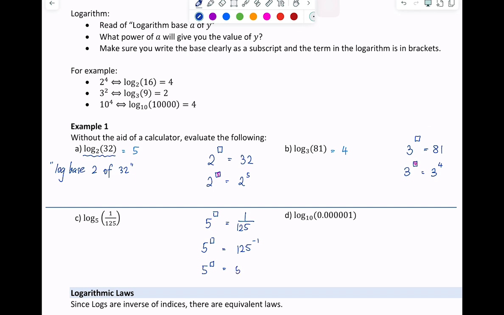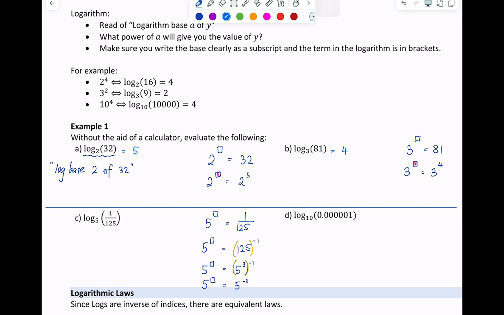This 125 here can be re-expressed as 5 to the power of 3, and it's encapsulated in a bracket because this 125 is technically in a bracket. Now that we have two indices with brackets in between them, the index law is that we multiply.